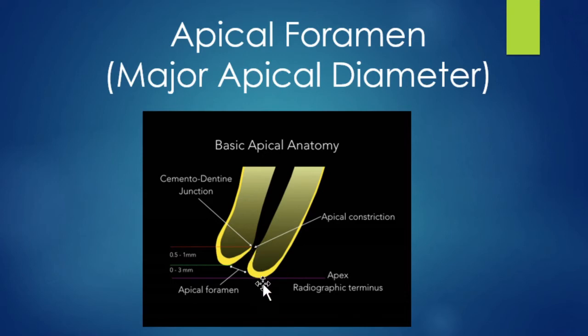Usually, the average distance between the anatomical or radiographic apex and the apical foramen is about 0.4 to 0.7 millimeter. So here we can see the radiographic apex or the anatomical apex. Here we can see the apical foramen. We can see that it's not exactly at the center of the root apex, and it's the part that differentiates the terminal of the cemental canal from the exterior surface of the tooth.